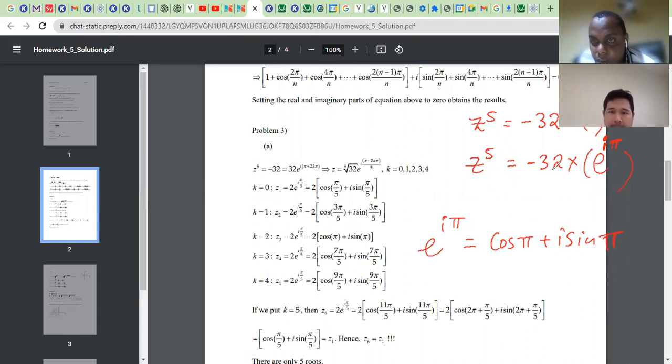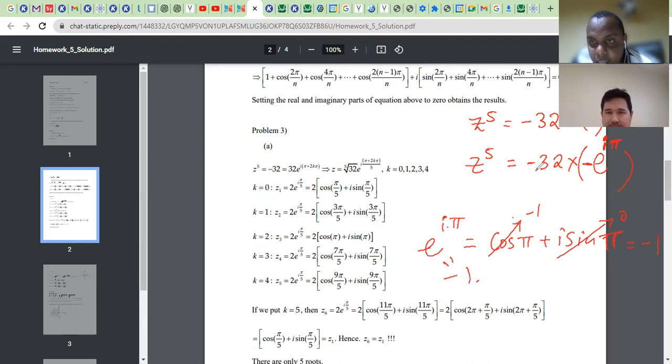And so that is why, to make it 1, this has to be negative. e^(i pi) is negative 1, right?